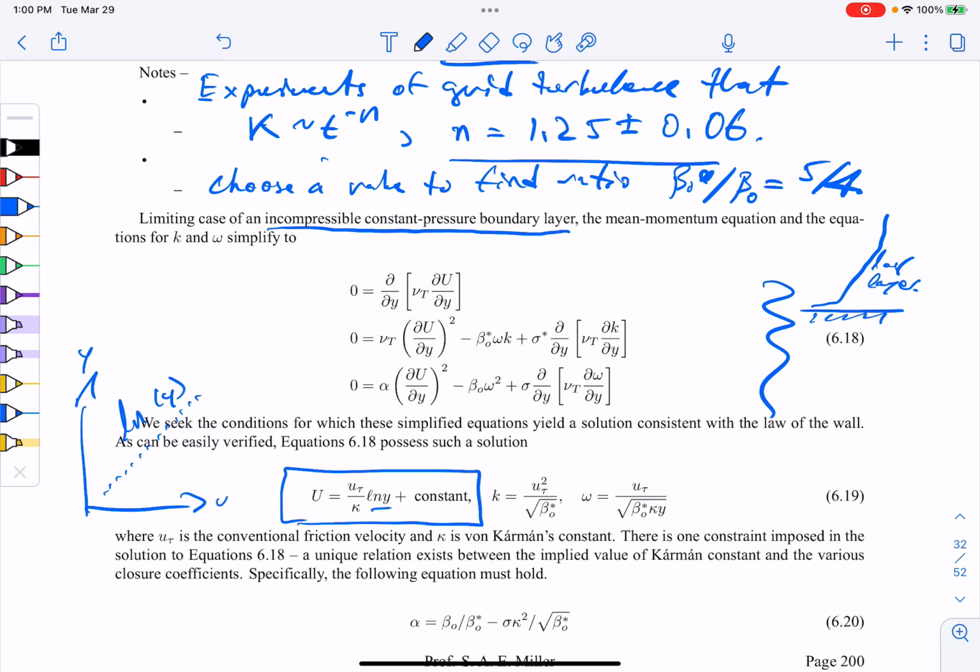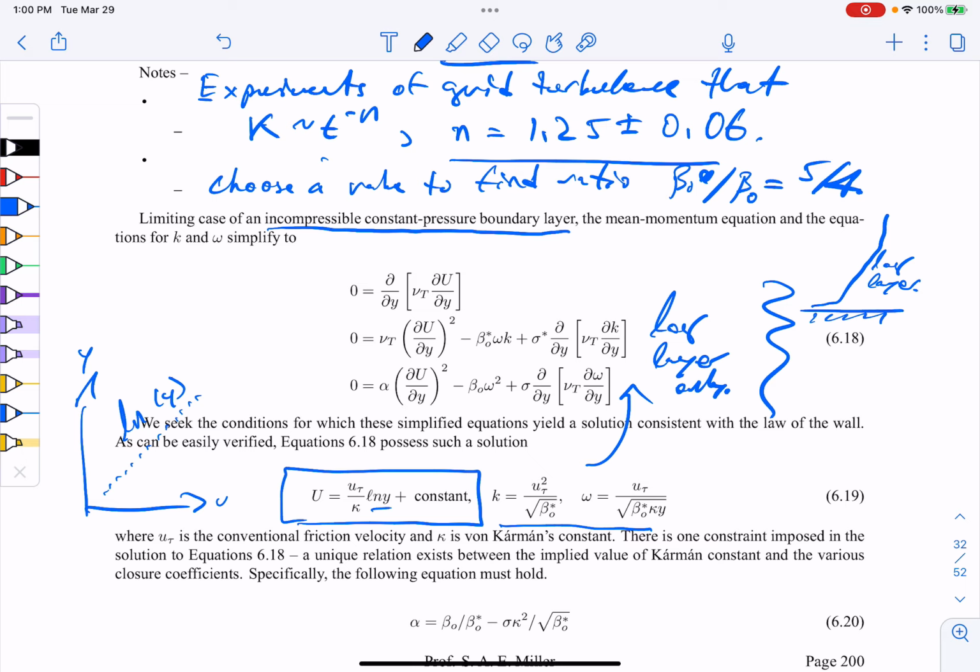If you impose that velocity profile, you can find k and omega in that region should go as the friction velocity squared divided by beta naught star, and omega as friction velocity divided by square root of beta naught star times Prandtl constant 0.41 times distance to the wall. So these work in the log layer only.